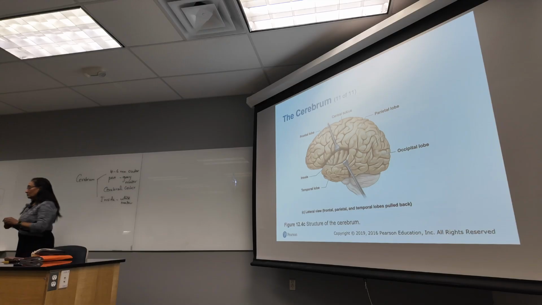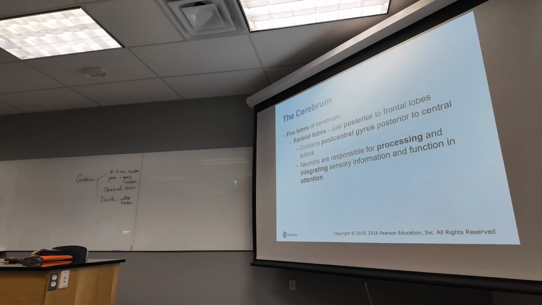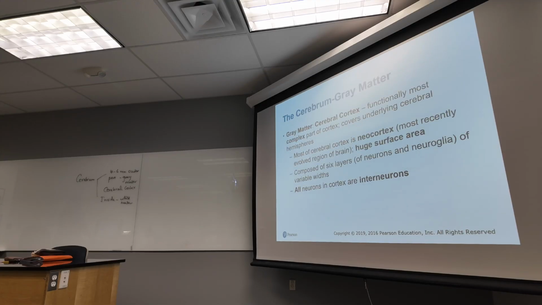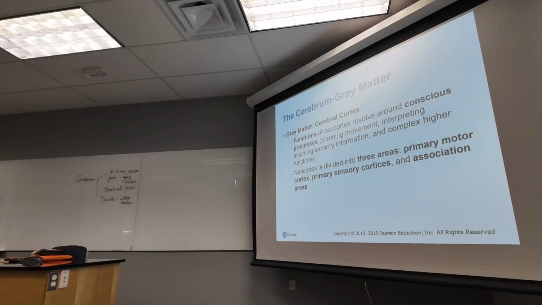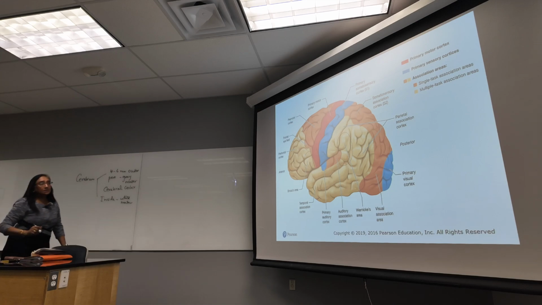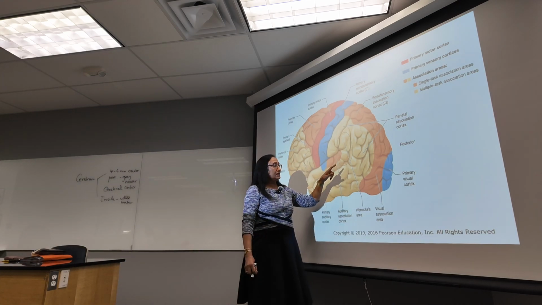Okay, we'll talk about all of these functions. I'm going to talk about that with the help of this picture, and we have looked at this in the lab. So if you take a look at these, you know what gyrus is.